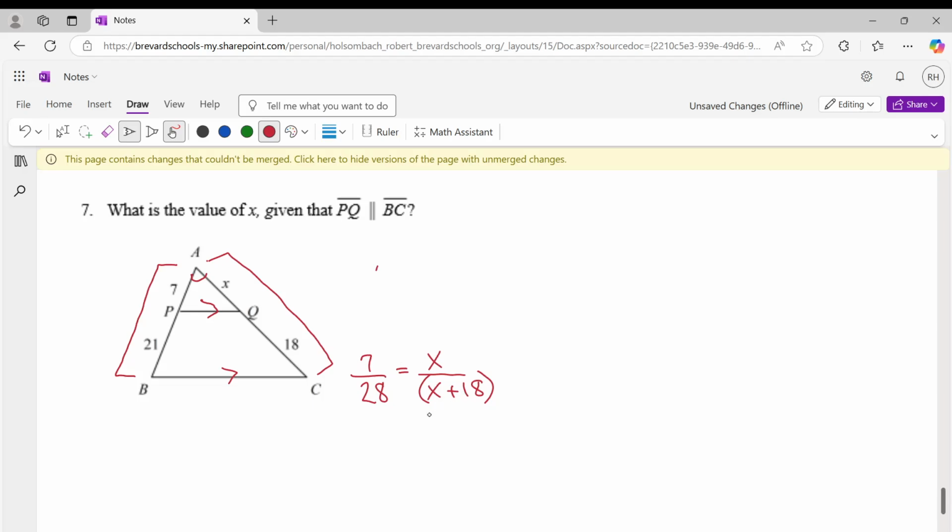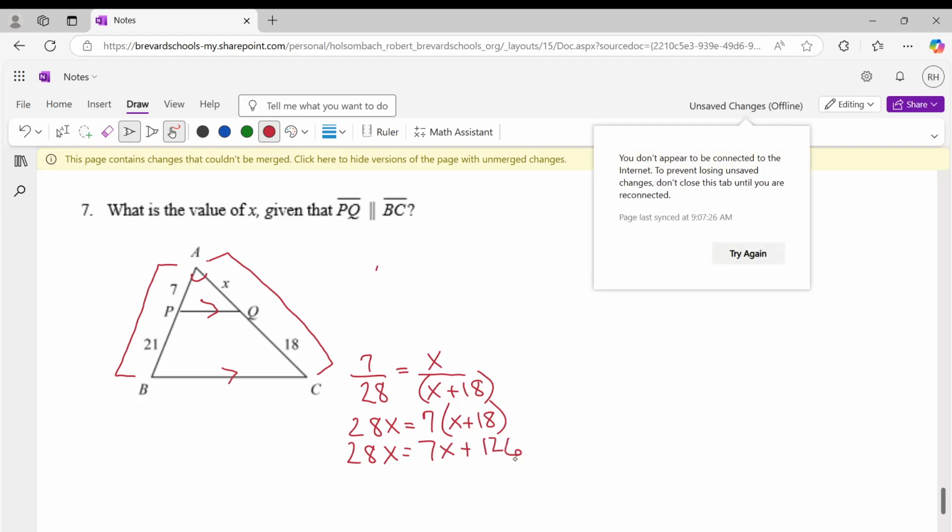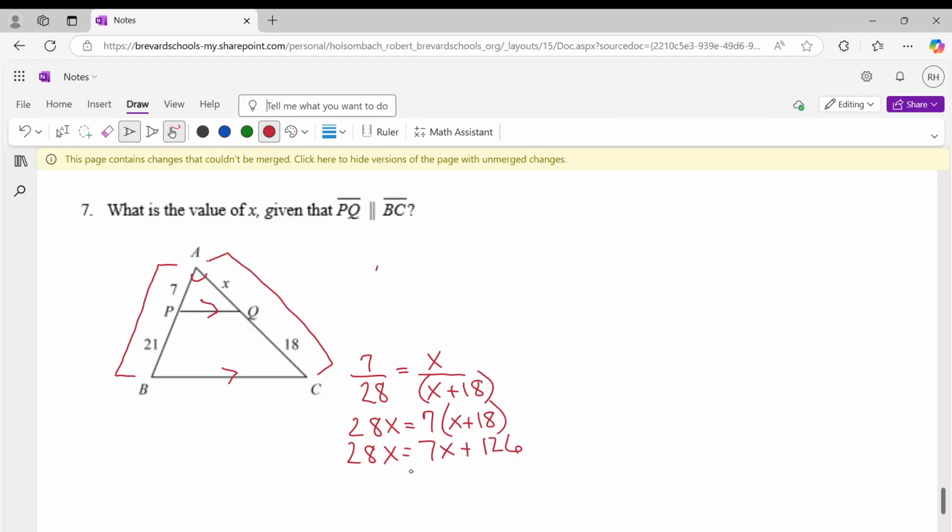All right, so crisscross multiply. 28x is equal to 7 times x plus 18. So our 28x is equal to 7x plus 7 times 18, which is 126. Subtract 7x. So 21x equals 126.